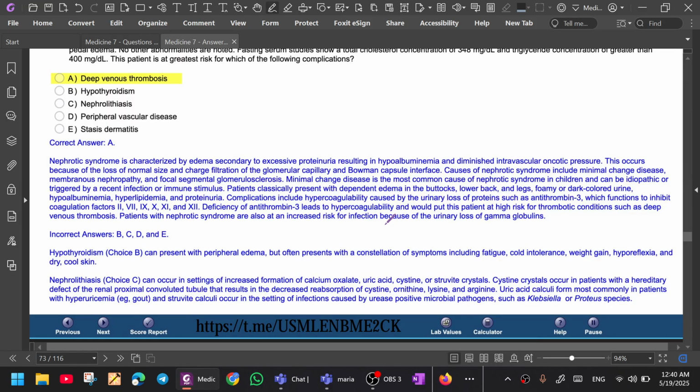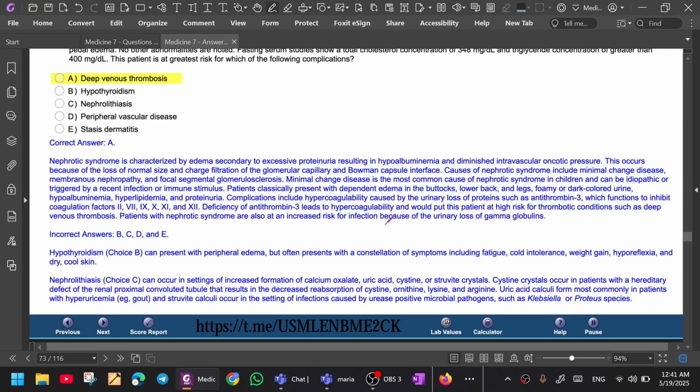Patients classically present with dependent edema in the buttock, lower back, and legs, foamy or dark color urine, hypoalbuminemia, hyperlipidemia, and proteinuria. Complications include hypercoagulability caused by urinary loss of proteins such as antithrombin 3, which functions to inhibit coagulation factors 2, 7, 9, 10, 11, 12.